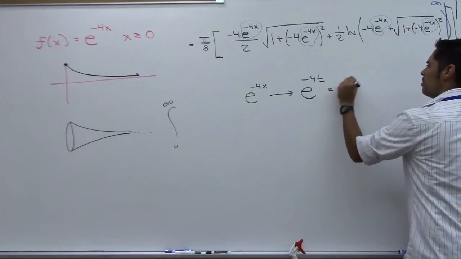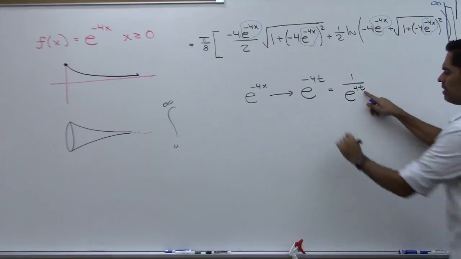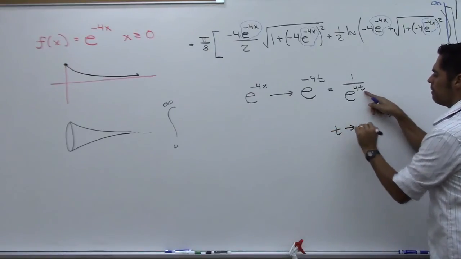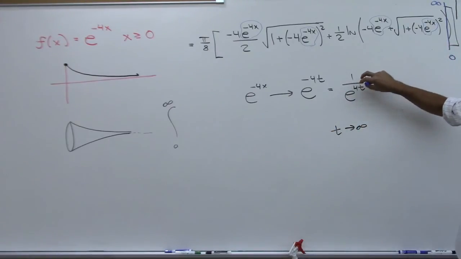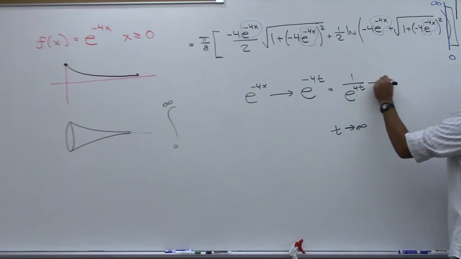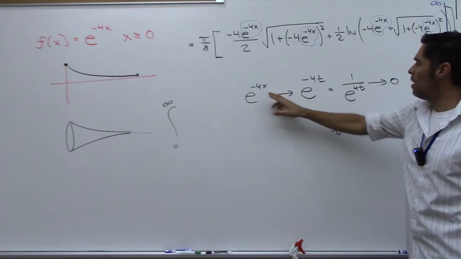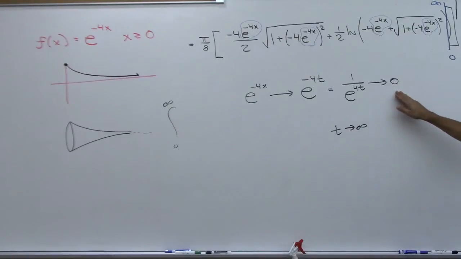Well, this is equal to 1 over e to the 4t. And if I let t get infinitely big here, this bottom gets big, the exponent gets big, e to infinity gets huge, this whole thing goes to 0. So anywhere I'm plugging in infinity, everywhere I see an e to the negative 4x, it's really going to turn into a 0.